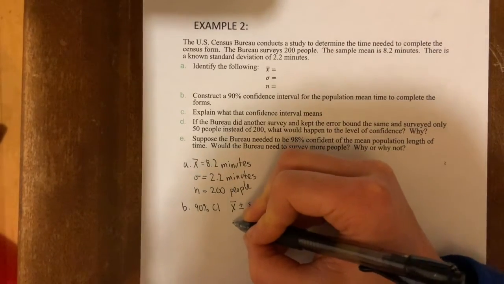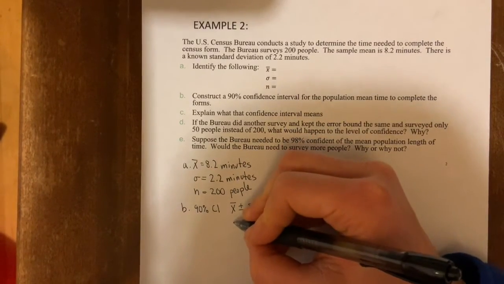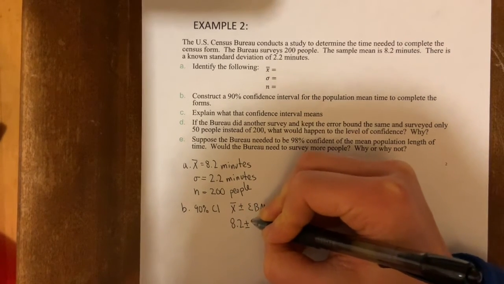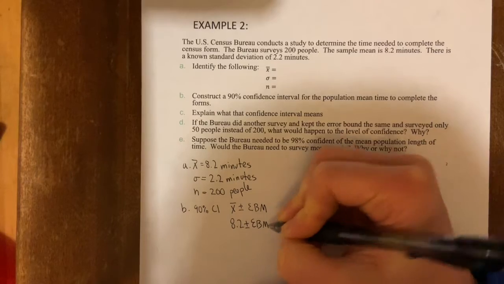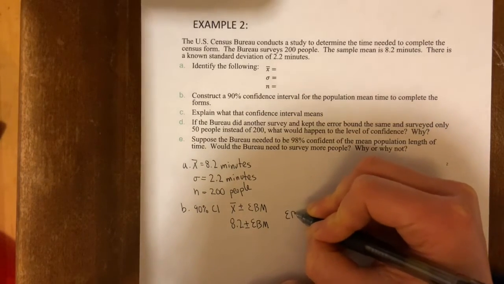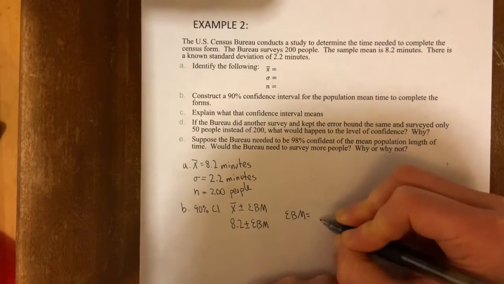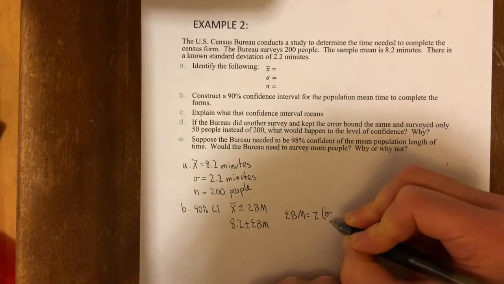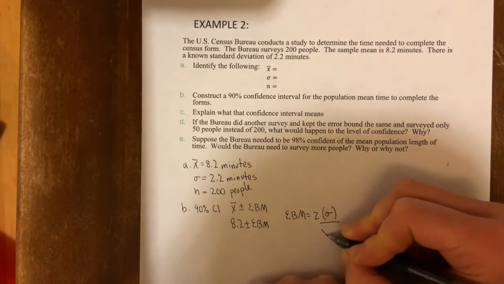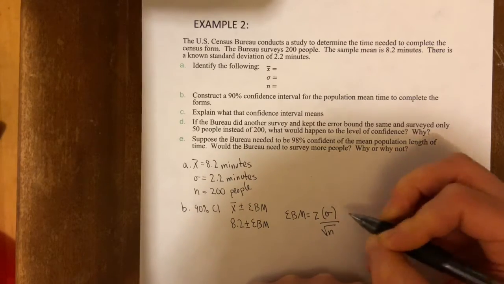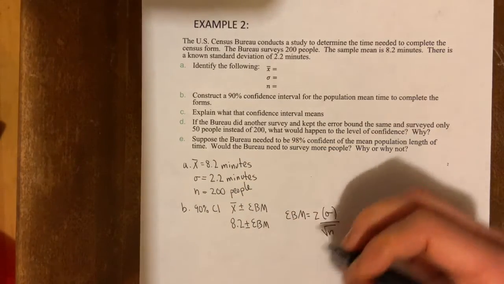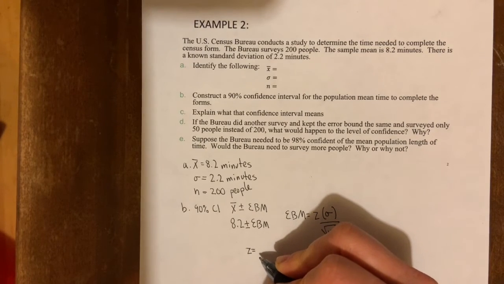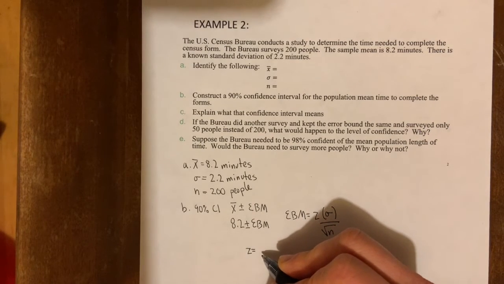So we know that our point estimate is 8.2 minutes plus or minus the error bound margin. The error bound margin, remember, is equal to z times standard deviation divided by the square root of n. So z will be different than it was in the last problem because we're using a 90% confidence interval.